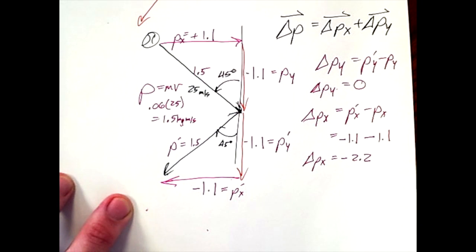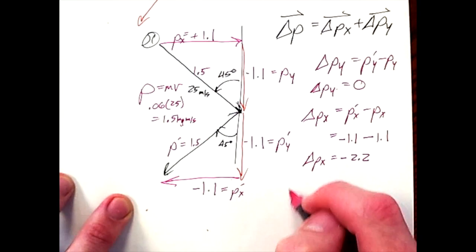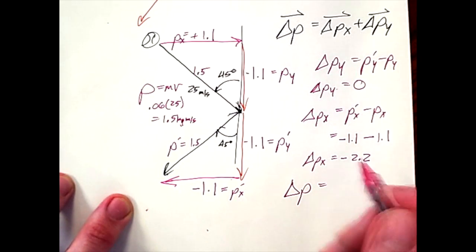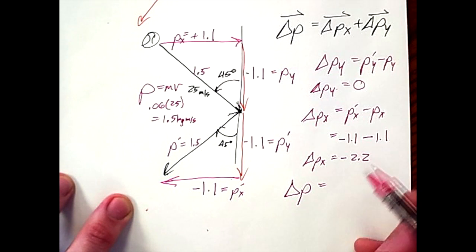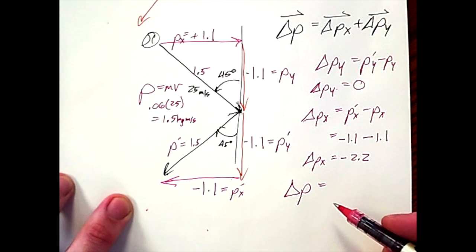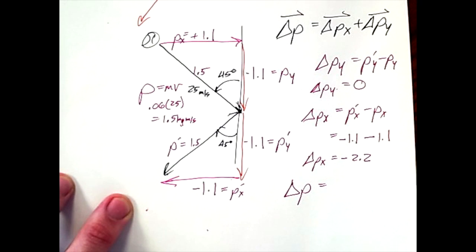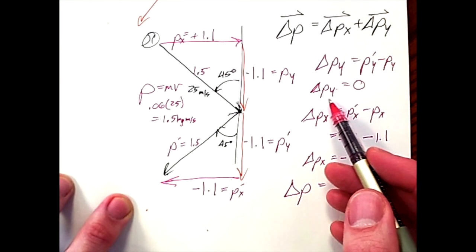Exactly. So the change in momentum is the change in Px and the change in Py, added as vectors. In this particular case, there are no vectors to add together because the change in Py is 0.